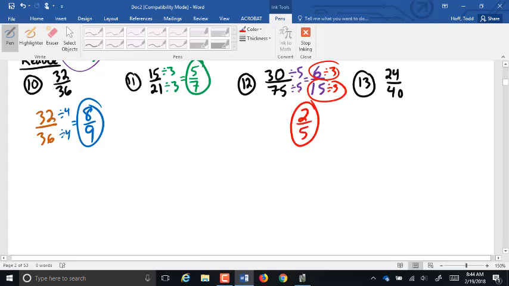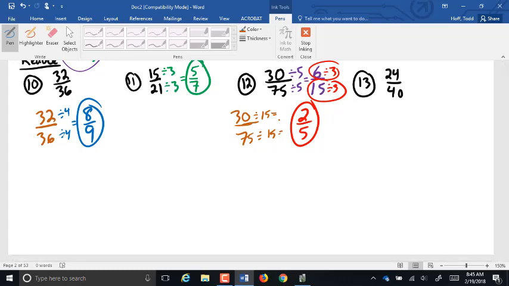Careful. 5. So we had to divide twice there to reduce that one. If we had seen it, we could have divided by 15 right away. But as we see, we don't have to find that largest number. Any number that divides both of them will do, and we just keep going until we can't do it anymore. We'll get to the simplified fraction.